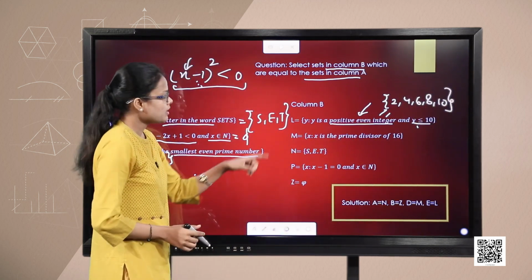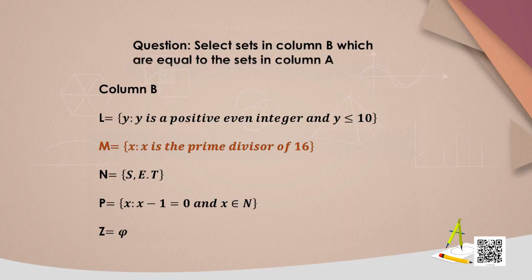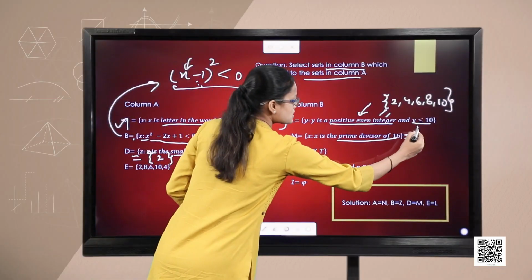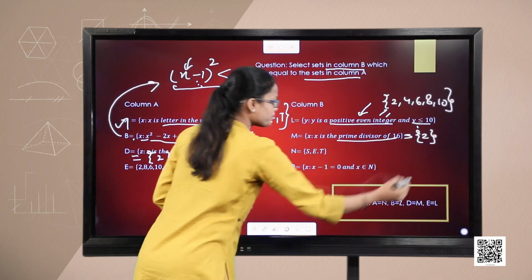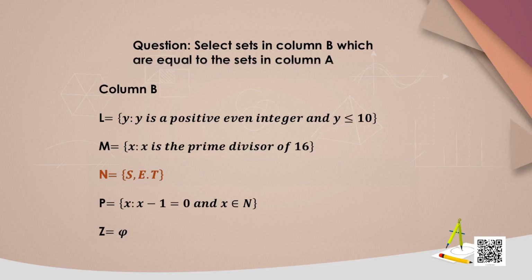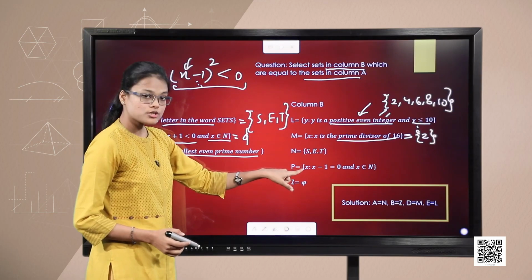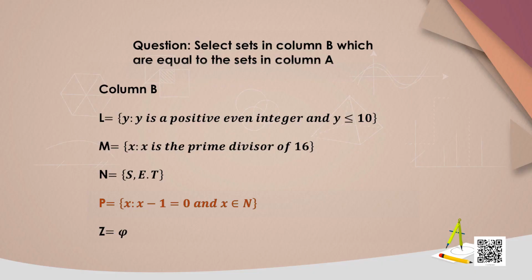Okay. Set M. M is the set of prime divisors of 16. We know the only prime divisor of 16 is 2. So, M becomes the singleton set {2}. N is the set of some letters which are S, E and T. P is the set of all those solutions of the equation x minus 1 equal to 0.